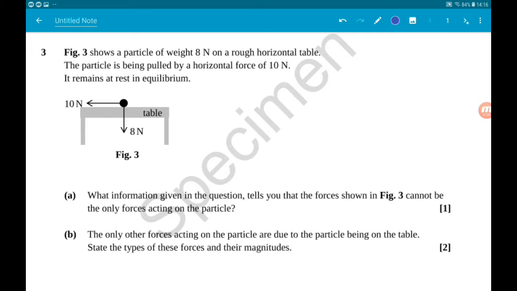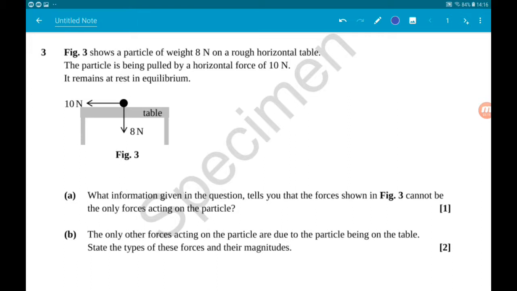That means the resultant horizontal force has to equal 0, and the resultant vertical force also has to equal 0. If the 10 newtons to the left was the only horizontal force, then the particle would be flying off to the left, and if the 8 newtons was the only force acting vertically, it would fall through the table. So part A is that the particle is in equilibrium.